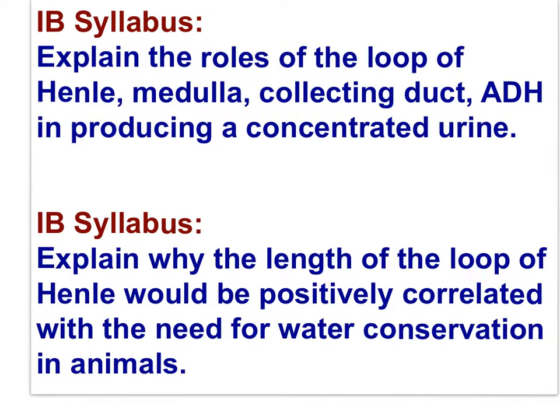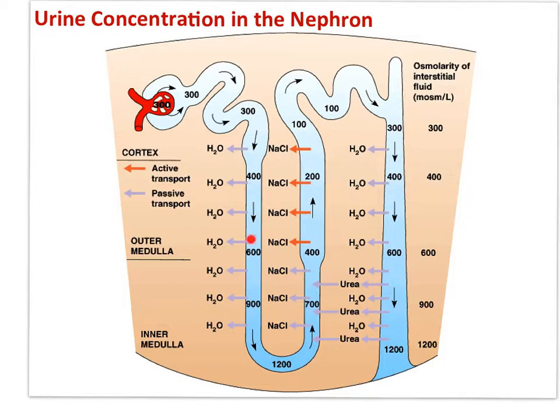Explain why the length of the loop of Henle would be positively correlated with the need for water conservation in animals. A long loop of Henle would establish a stronger, more profound concentration gradient in the interstitial fluid of the kidney through which the collecting duct must pass.